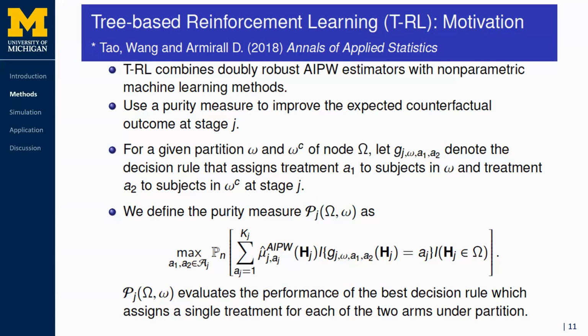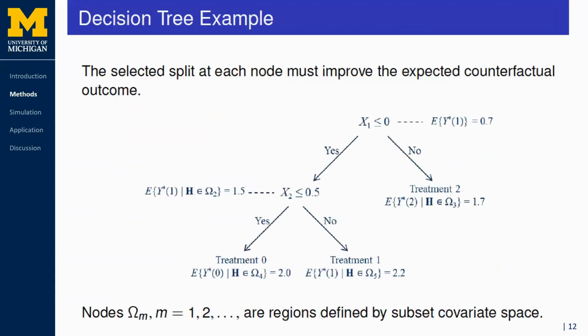Then I can define the purity measure as an empirical summation of all the possibilities of these partitions to see whether this purity measure is improved if I go with a partition, or should I stop there, right? So this purity measure, the P, actually evaluates the performance of the best decision rule that assigns a single treatment for each of the two arms under the partition. Okay, and it's also more directly connected to our original goal to maximize the counterfactual outcomes, right?